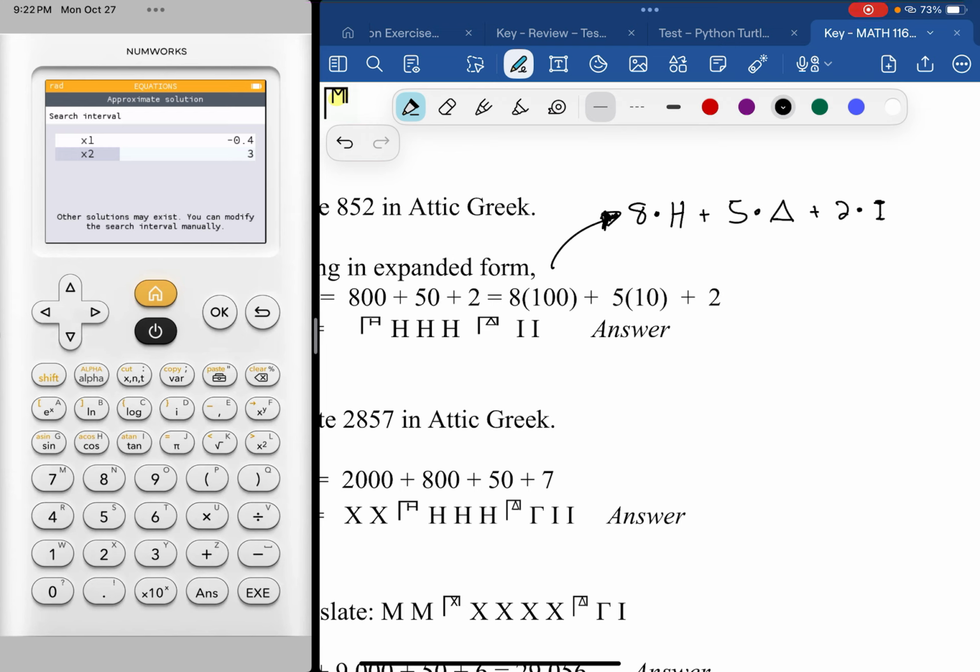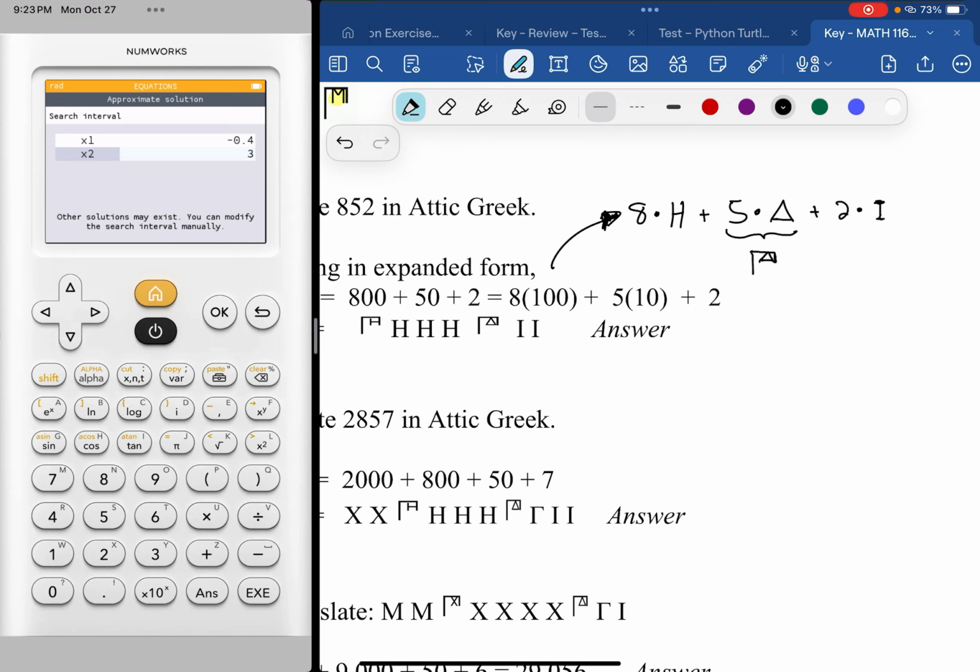So we could do it that way. All right. But if we know that the 50 can also be written as the penta associated with the delta, if I can actually make it look halfway decent. All right.